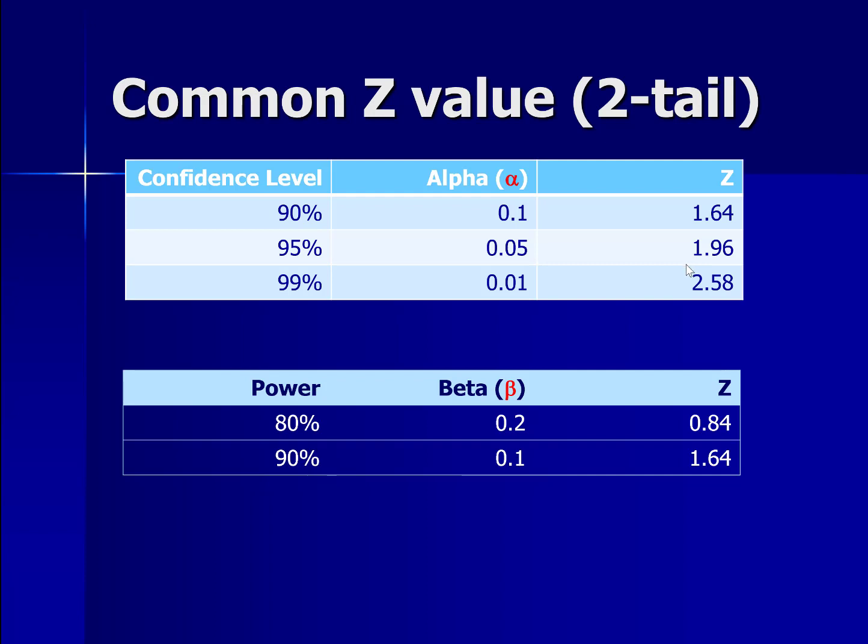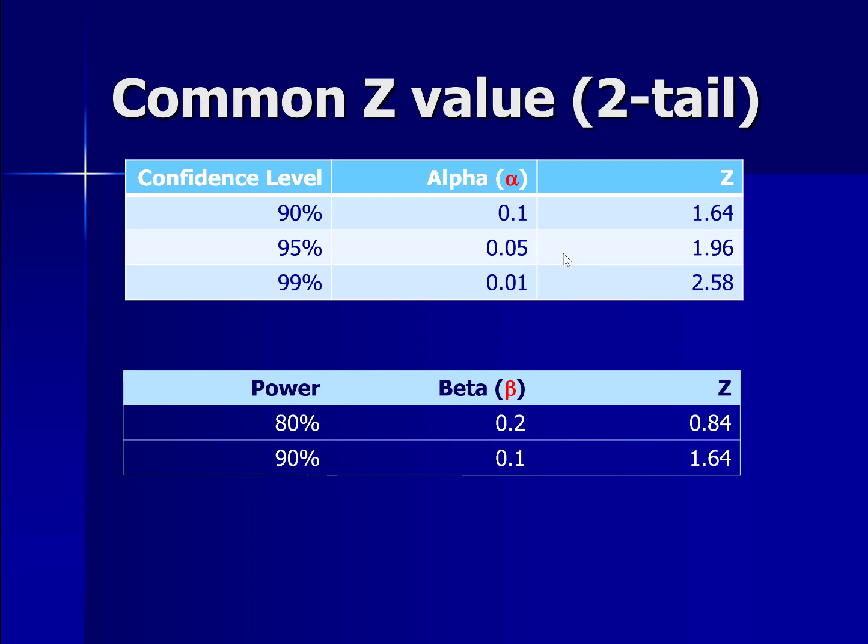The first thing I like to highlight is that there is an alpha and a beta, which represent, alpha mostly the confidence level, and beta the power. The alpha is actually the probability corresponding to the standard normal distribution, with the corresponding z here equal to this.